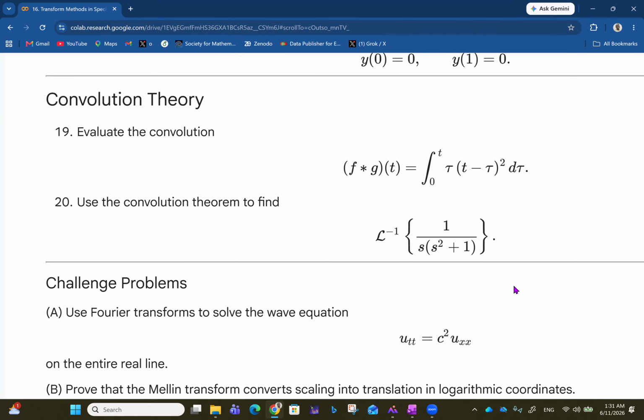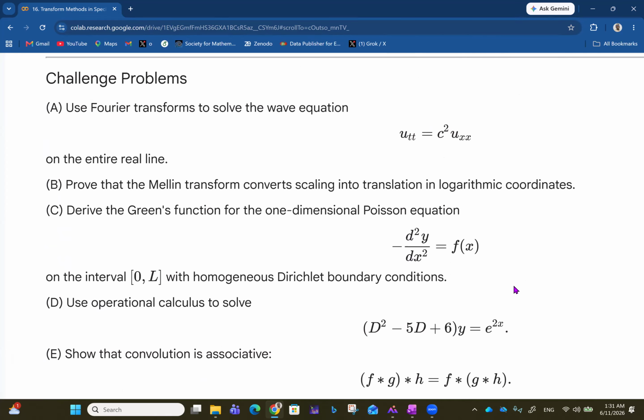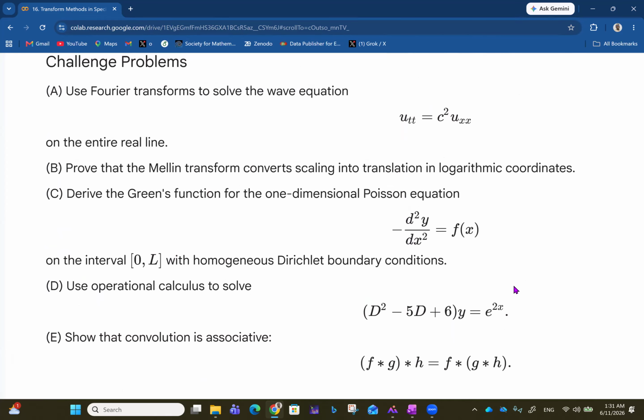Lastly, we have some challenge problems you can deal with.